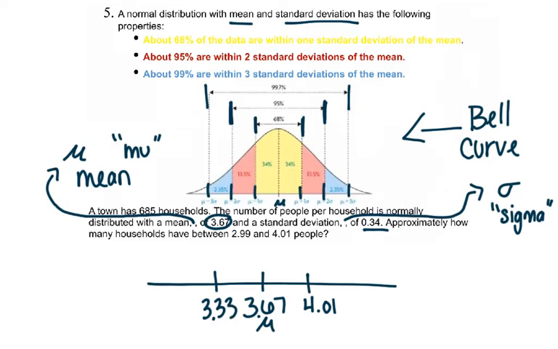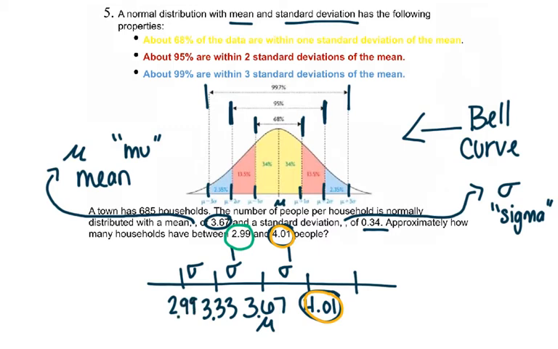So that's 1 standard deviation, 1 sigma. All right, so I got this number. So that's good. All right, but I still need to get to the 2.99. So I'm going to go down another standard deviation. So I'm going to do 3.33 minus 0.34, and that's when I get that 2.99.